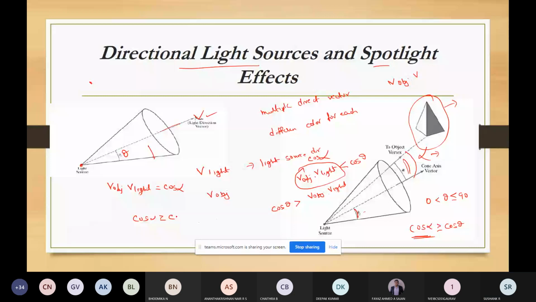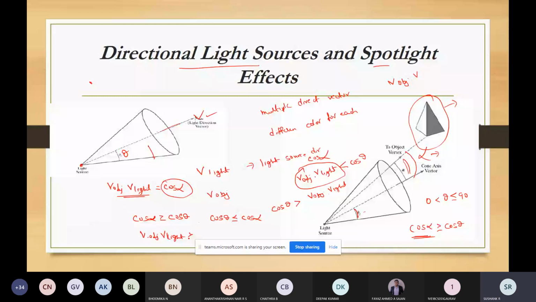Instead of cos alpha, I replace it with v object into v light, which should be greater than or equal to cos theta for visibility.